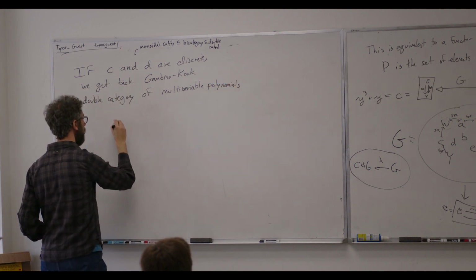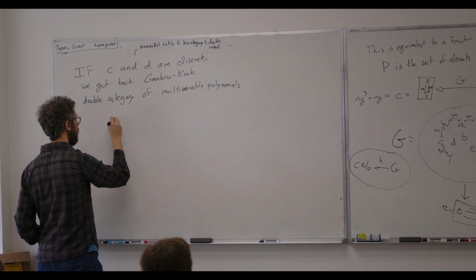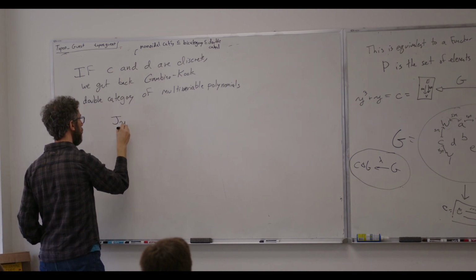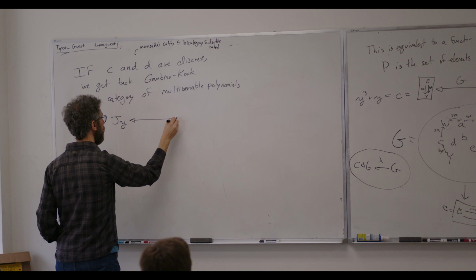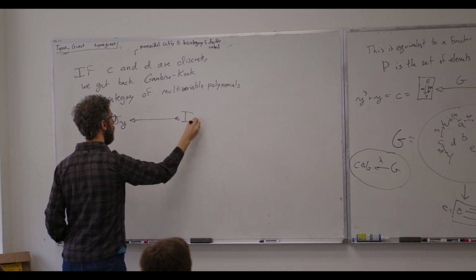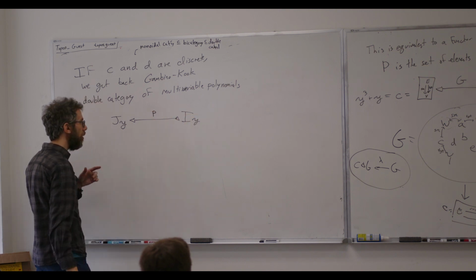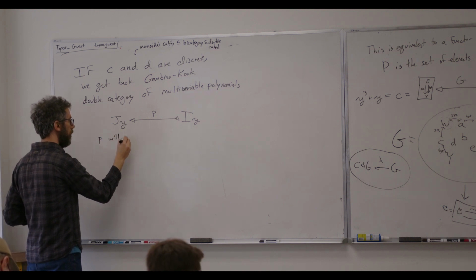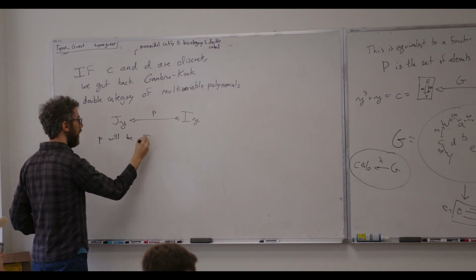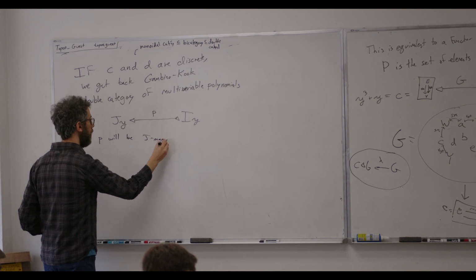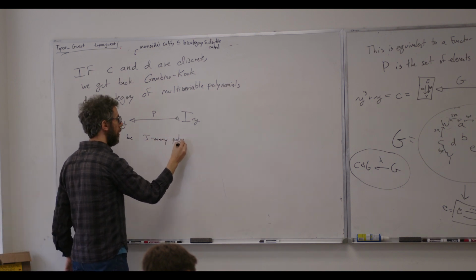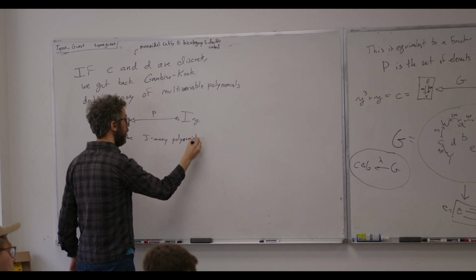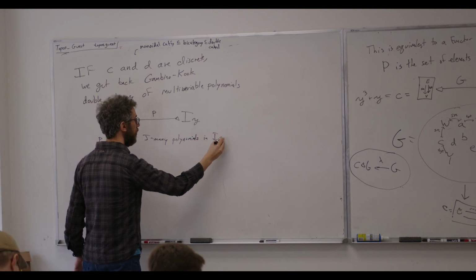So if I write P, then P will be J many polynomials in I many variables.